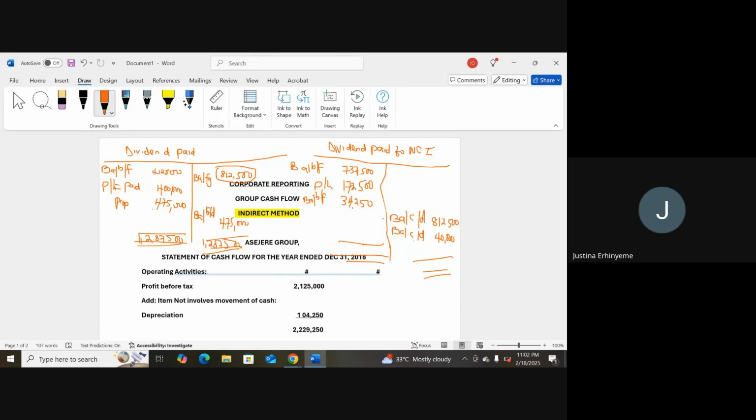$944,250. Debit side. What's the balancing figure? $91,750.